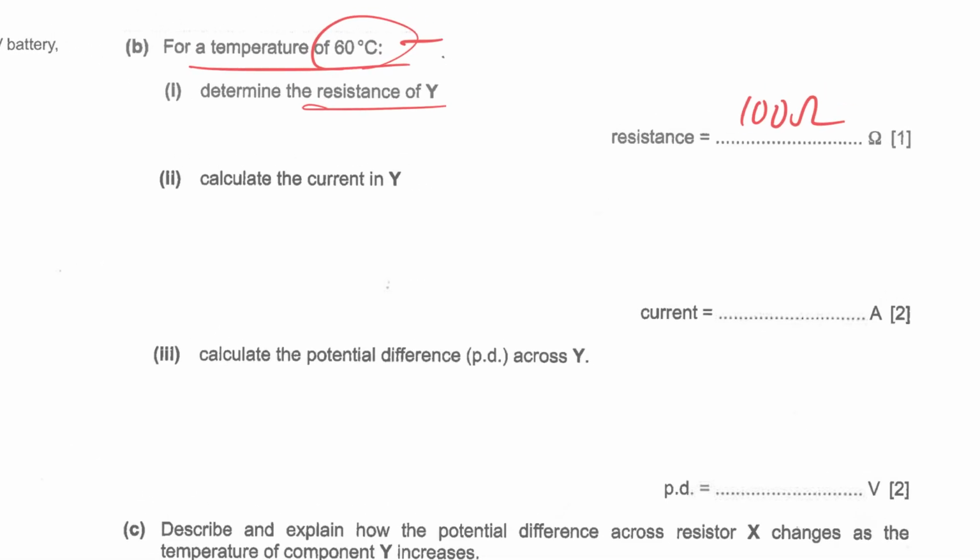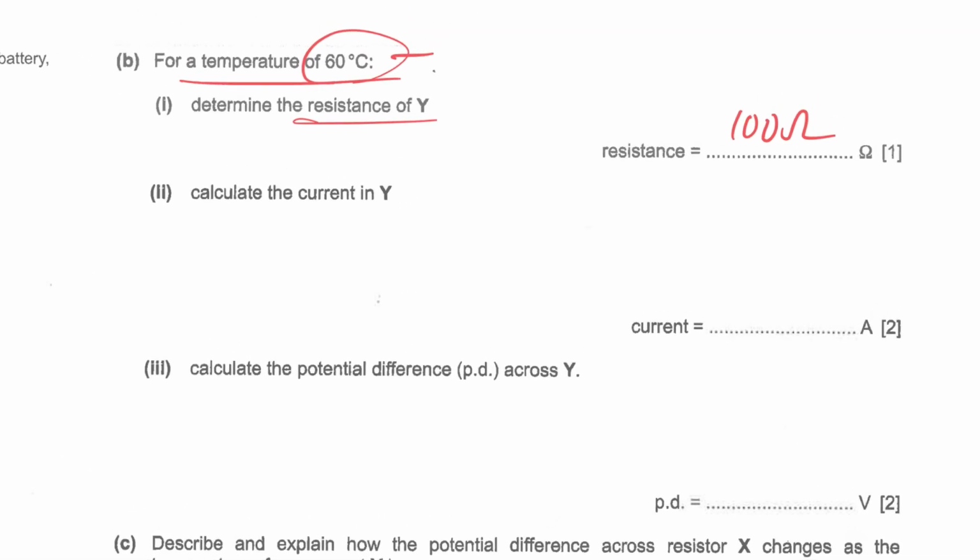And what's the current flowing through Y? In order to find the current, I need to find the total effective resistance. So Re equals Rx plus Ry, so you have 500 plus 100, that will be a total of 600 ohms.